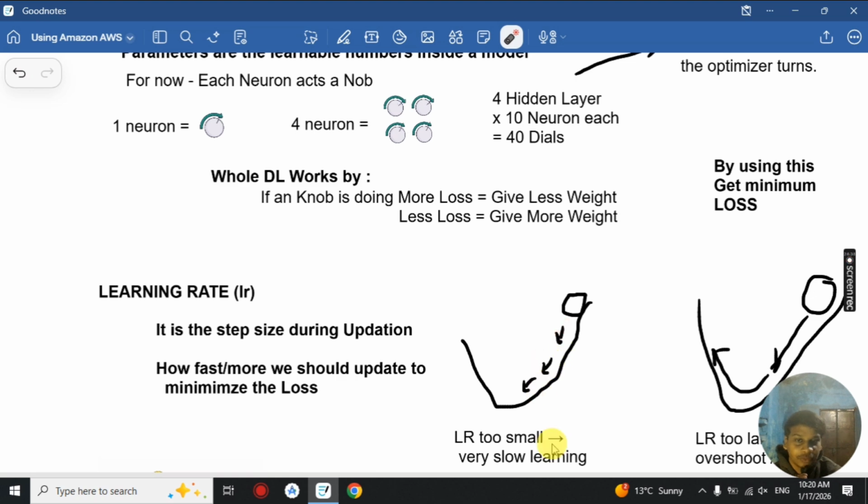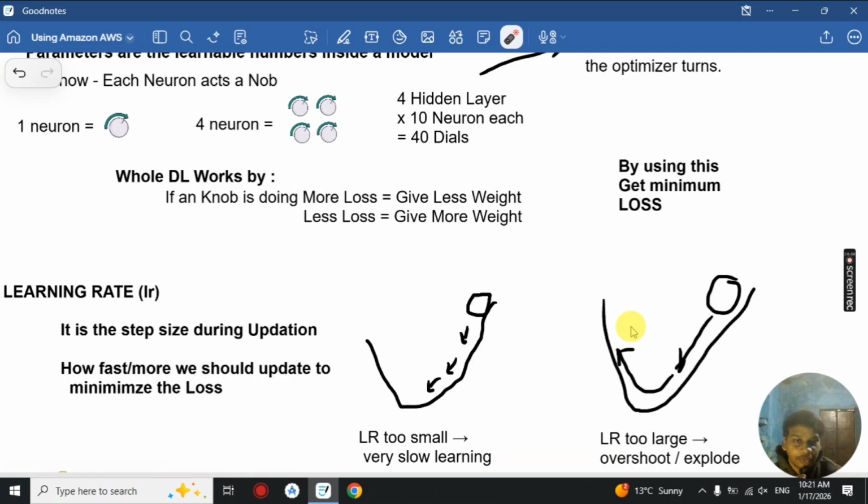If the learning rate is too small, we will take very small steps here, and the learning will also be very slow. In contrast, if we have a very high learning rate, we will take a very large step size, and in most cases it overshoots or explodes, or basically does a zigzag motion.